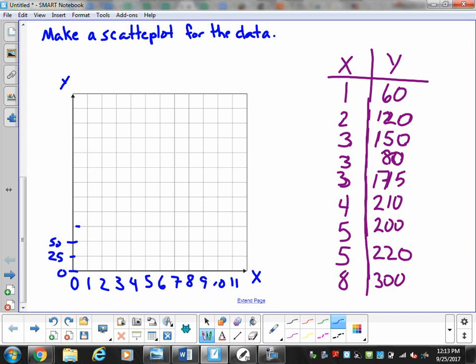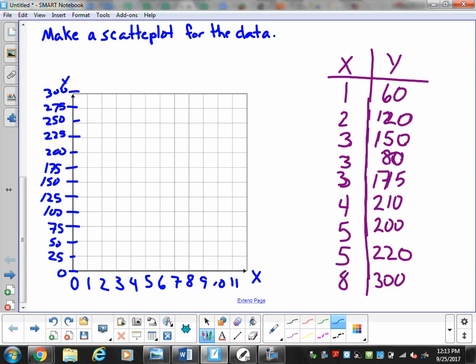Then you got 50, 75, 100, 125, 150, 175, 200, 225, 250, 275, and 300. So that gets all of our values from 0 to 300, which covers what we're needing for the y.